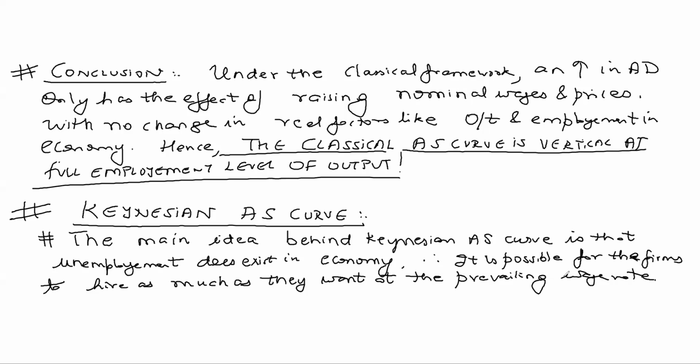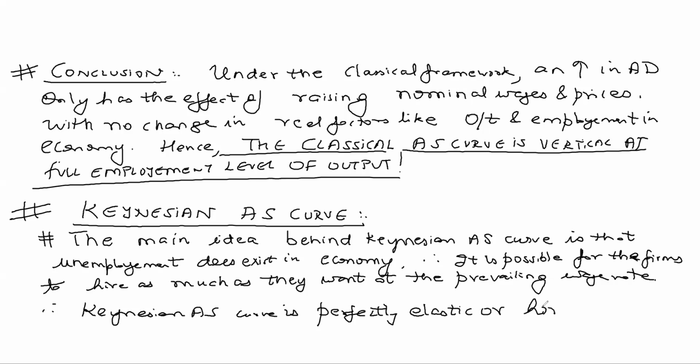So that labor will be willing to work for us at the same wage rate. That means, therefore, the Keynesian AS curve is perfectly elastic or horizontal.